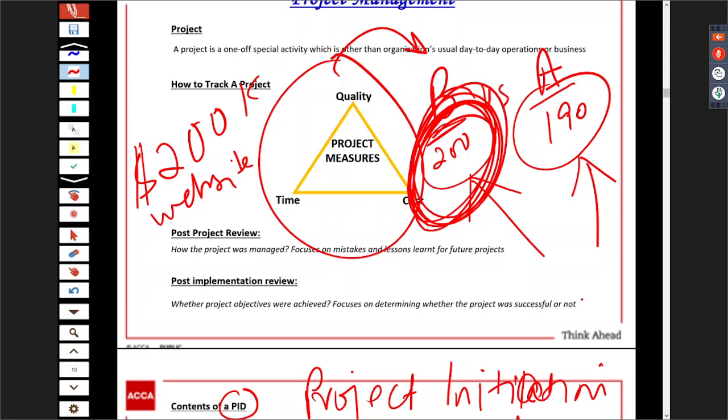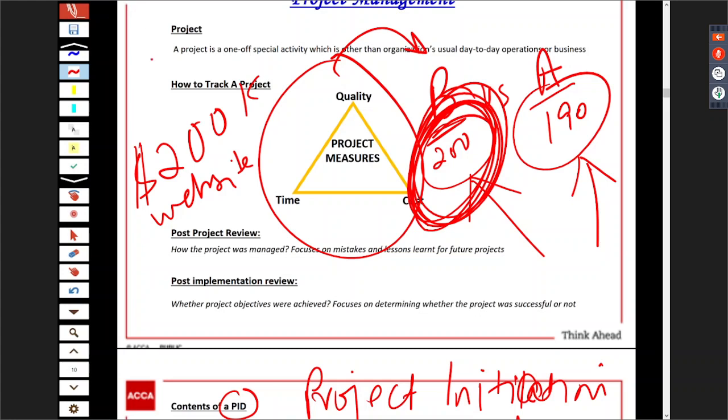Supposing you are a board of directors, okay, you are sitting on the board, and the marketing director comes and tells you that I want to do a project for which I require $500,000. What would you ask him?